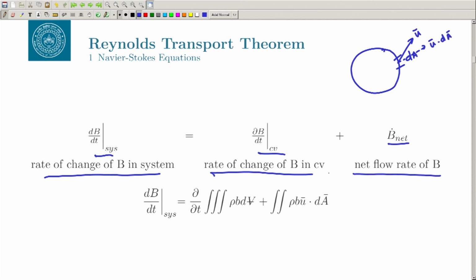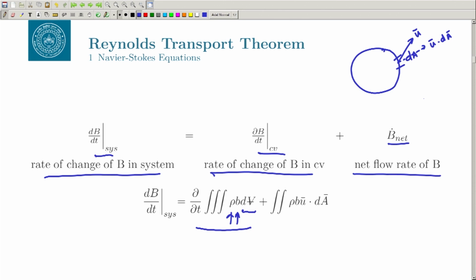So, what is the rate of change of B in the control volume? That can be written for this entire volume as the integral of rho B dV, where rho is density, B is the intensive quantity, and dV is the elemental volume, integrated over the entire volume. This is your rate of change of B in the control volume.